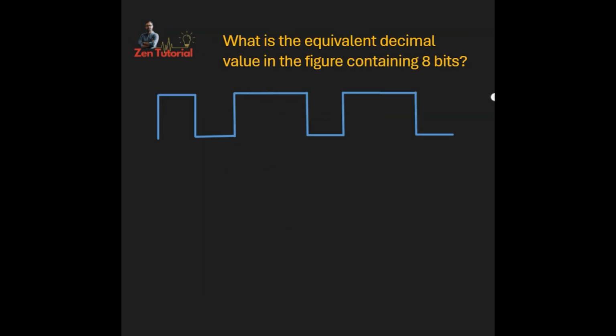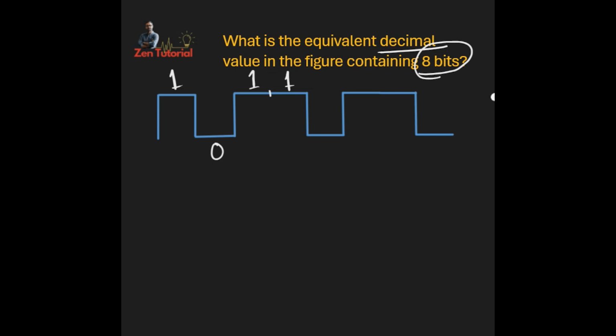Now this signal asks for the decimal value. In this signal, the high value is 1, this is 0, this is 1, this is 1, because this is an 8-bit signal, that's why there are 2 points here.